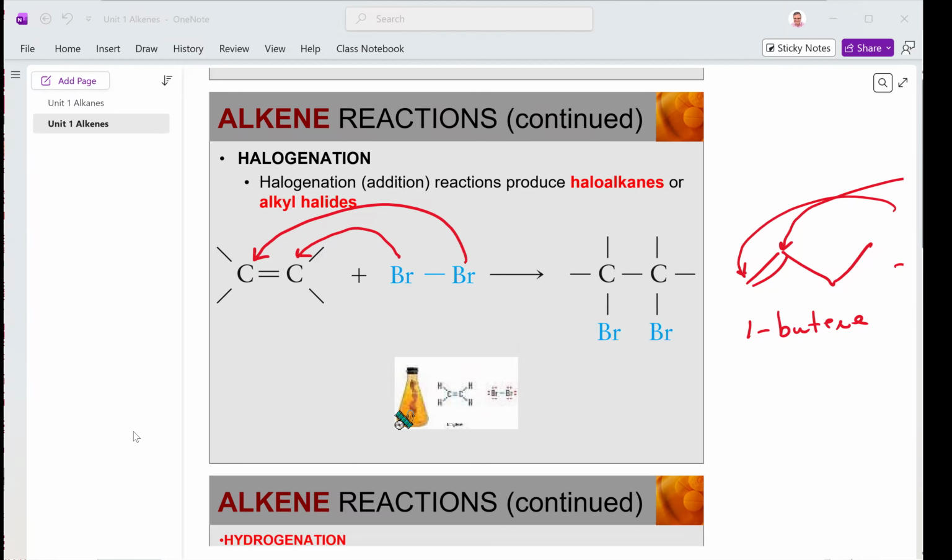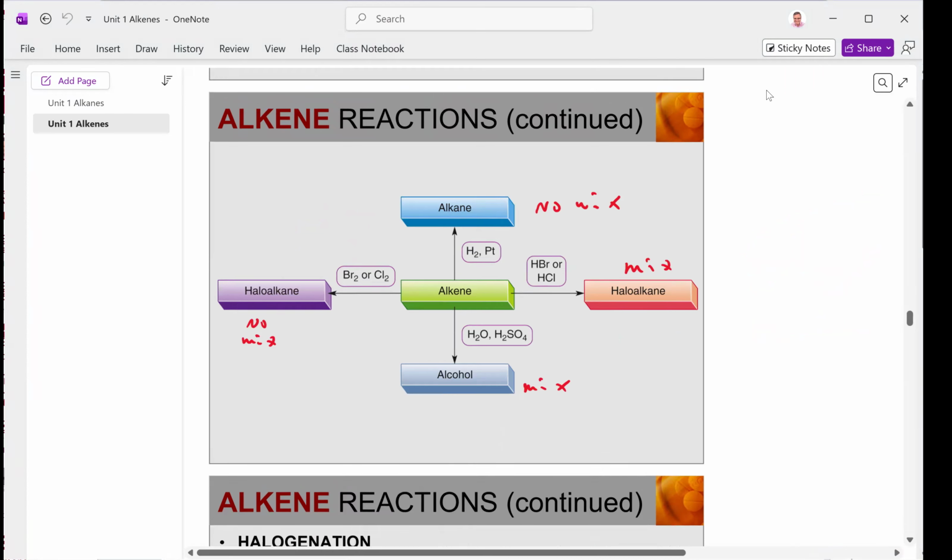Okay, so I'm going to back up a tiny bit at the start of reactions. Whenever we have a double bond, it's unstable. It wants to react. Now, there's a lot of ways that double bond can react. One way is addition reactions.